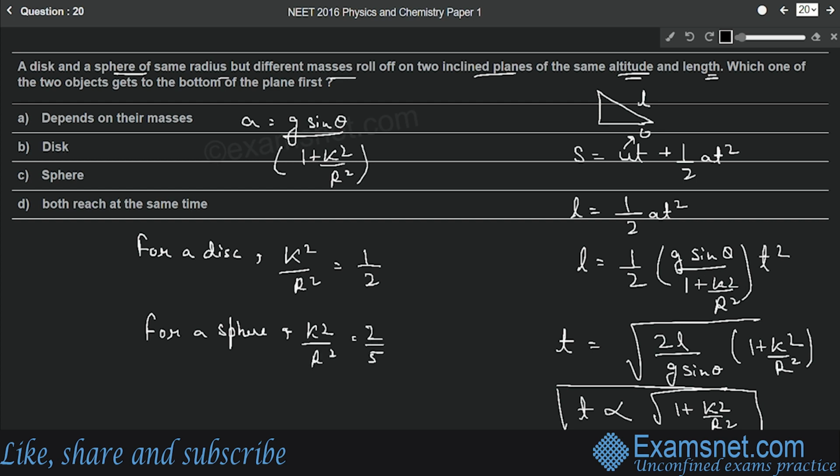Which one is less? For the sphere, k square by r square is less, so time will also be less. It will take less time to reach the bottom, so the sphere will reach the bottom first. So option C will be the correct answer.